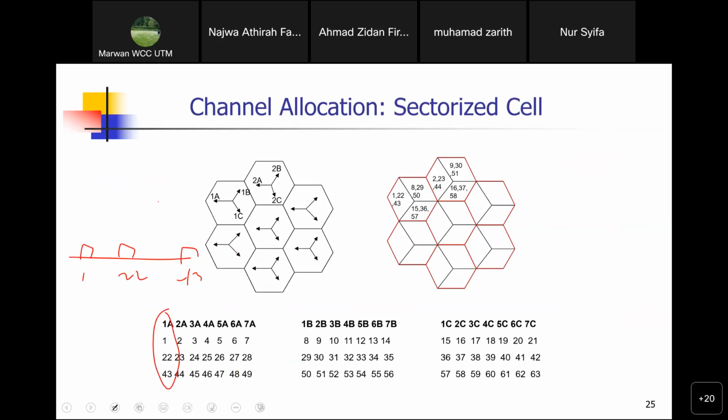By allocating the frequency accordingly using this approach. For adjacent channel interference, the problem is because of imperfect filtering, you may have some drifting in your local oscillator.